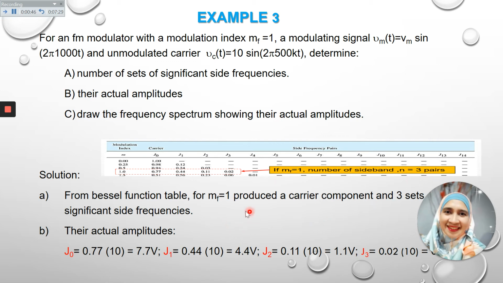Okay, 3 sets. Next, to calculate the actual amplitude: J0, what we have here, 0.77 times 10, J1, 0.44 times 10, J2, 0.11 times 10, and J3 is 0.02 times 10.